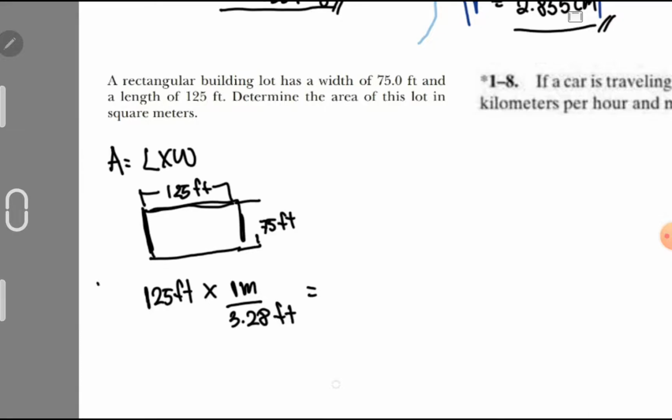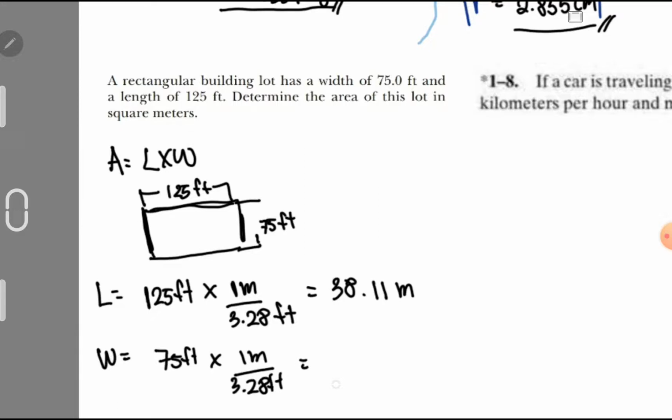So my length is equal to 125 feet times 1 all over 3.28, which is equal to 38.11 meters. My width is also equal to 75 feet times 1 meter divided by 3.28 feet.